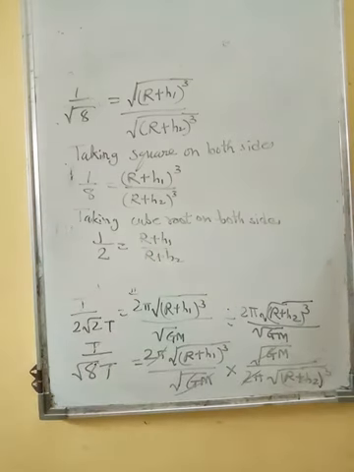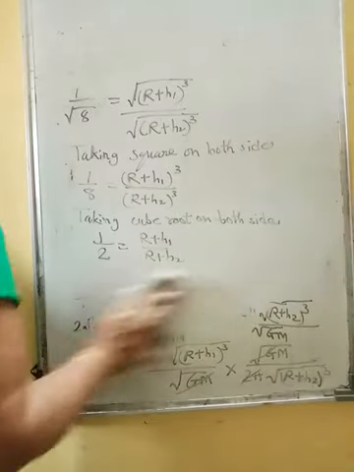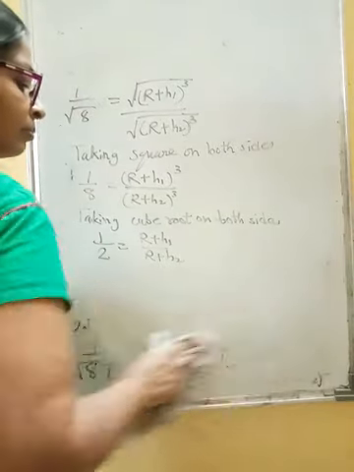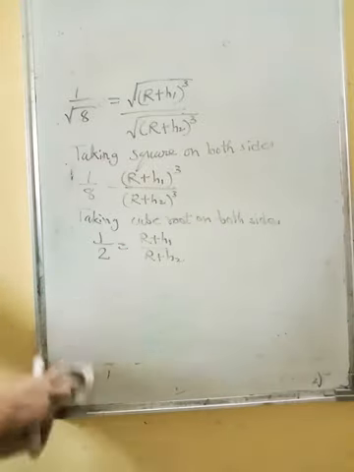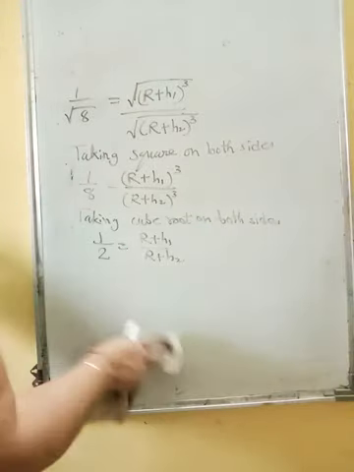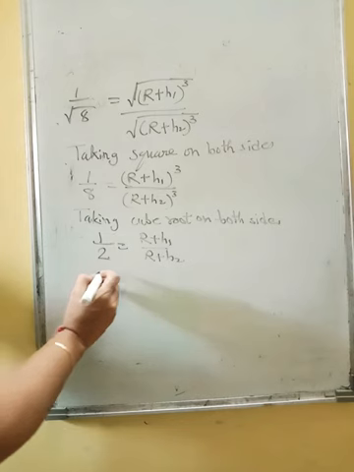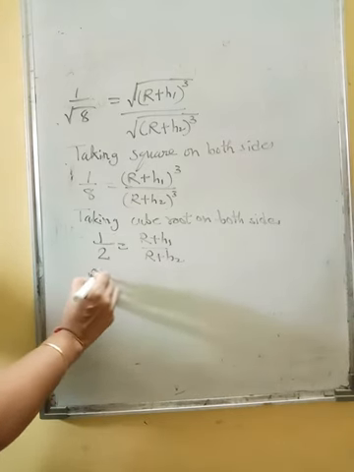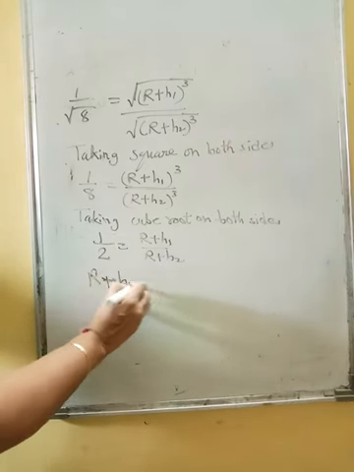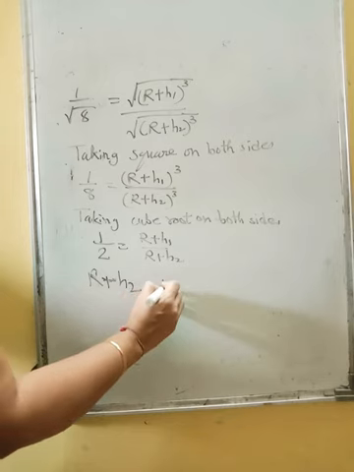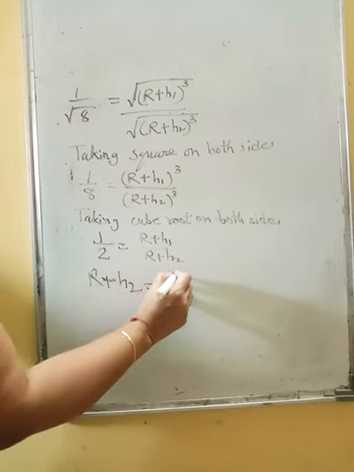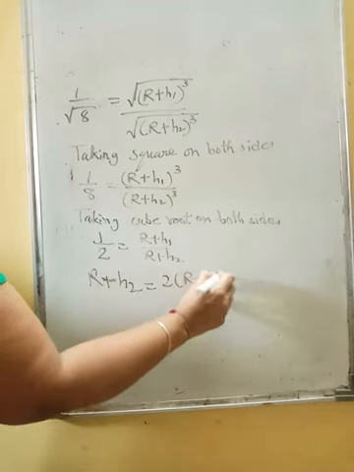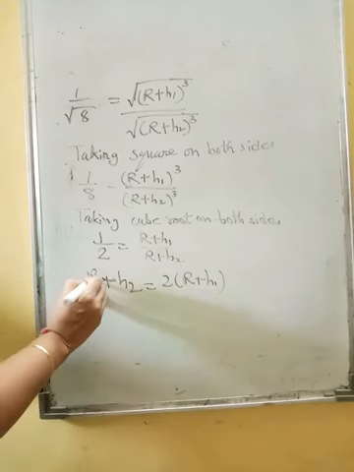Now you can do the cross multiplication, children. So r plus h2 is equal to 2 times (r plus h1). So open the bracket.